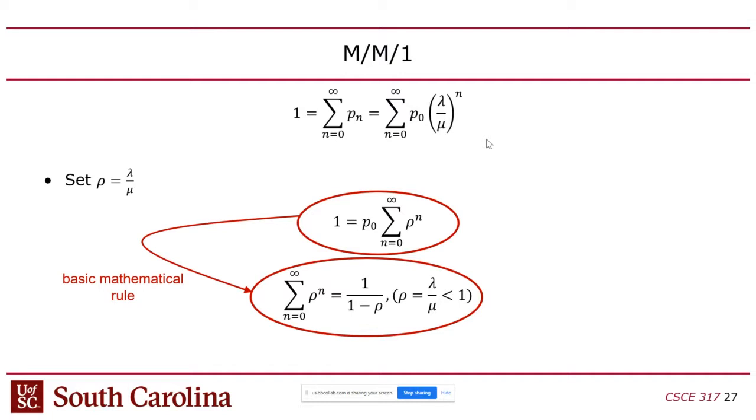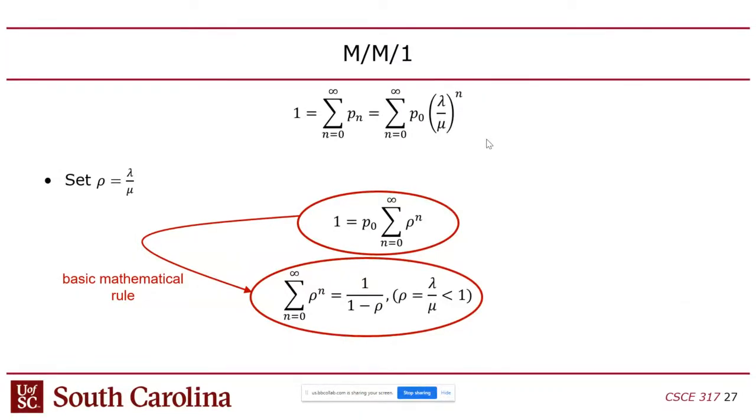Even 1 wouldn't work here, because if you put 1 in for rho, you get infinity. And 0 would just give you 0, so it must be greater than 0. If rho is greater than 0 and less than 1, then this summation is equivalent to 1 over 1 minus rho. I gave an example of that last time. You can plug different values in. It just works.